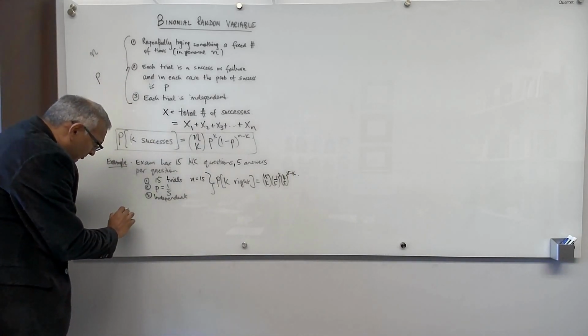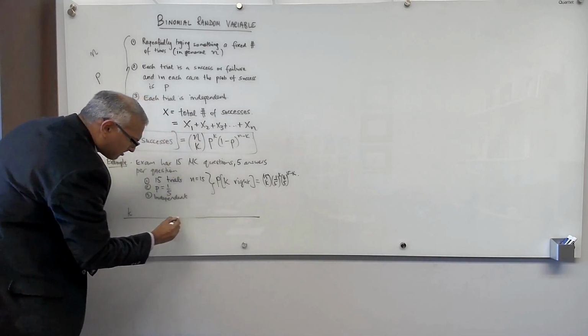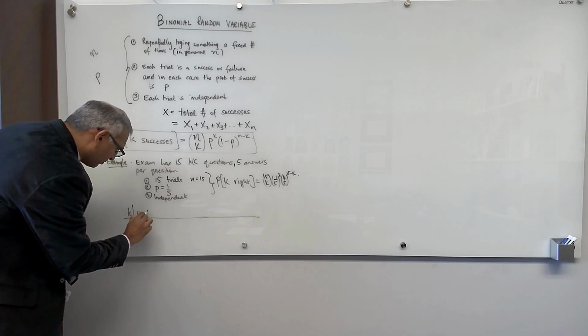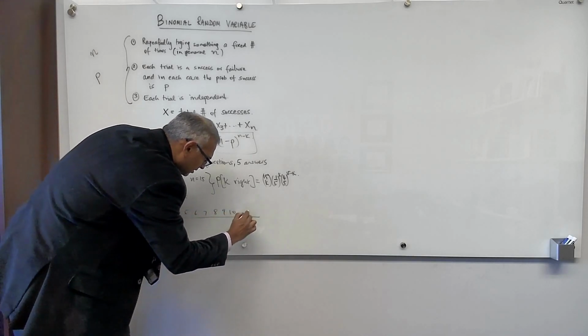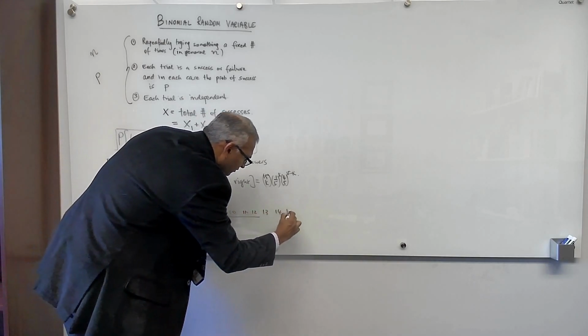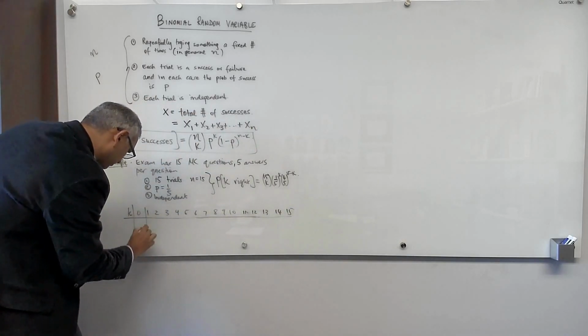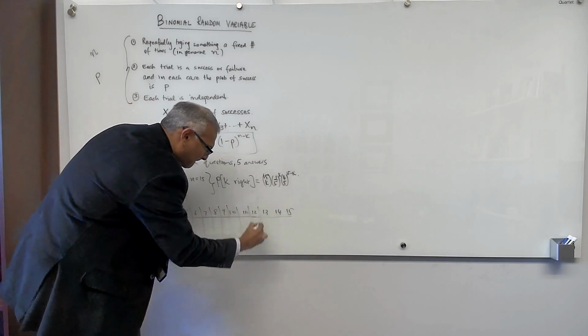So the number of successes, let's call it k. And k can be either 0, 1, 2, 3, 4, 5, 6, 7, 8, 9, 10, 11, 12, 13, 14, 15. So let's work out these probabilities.